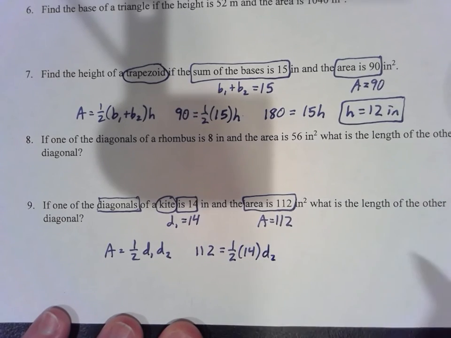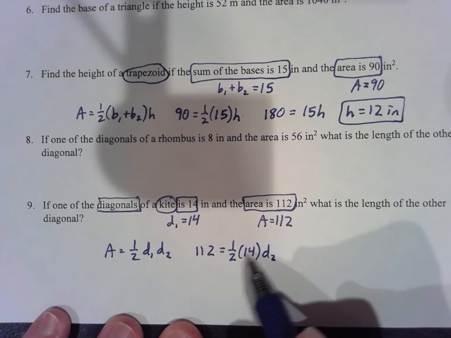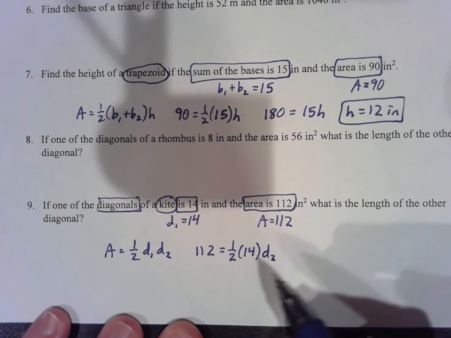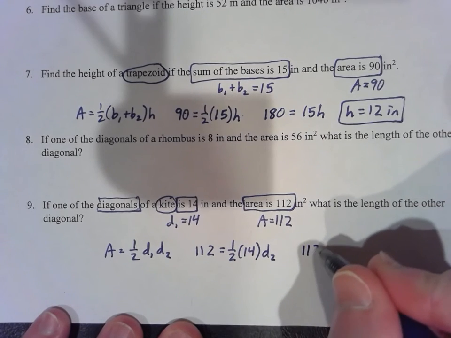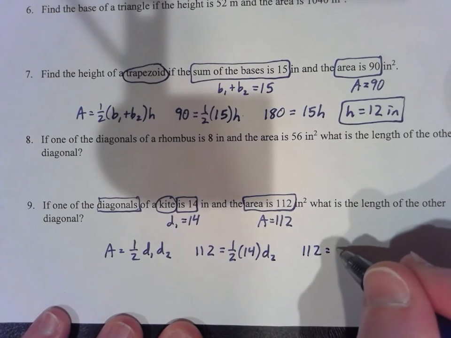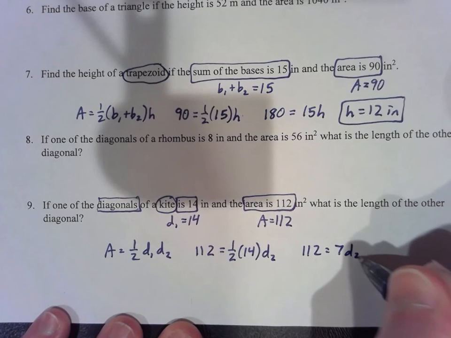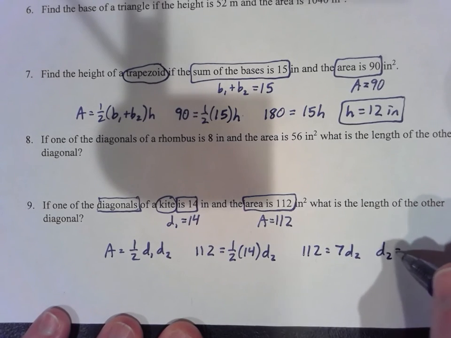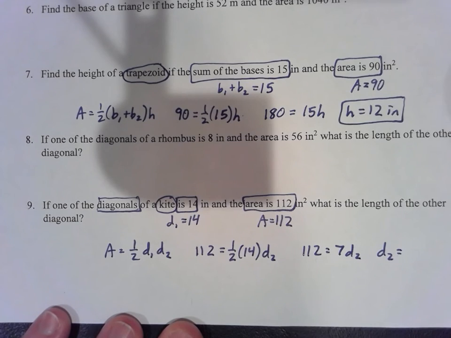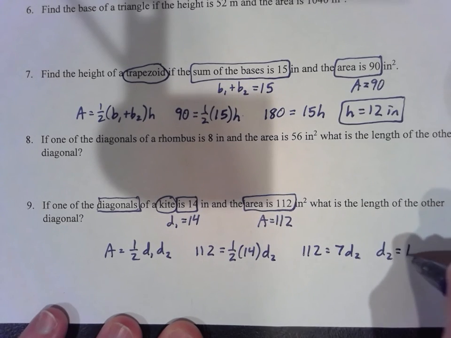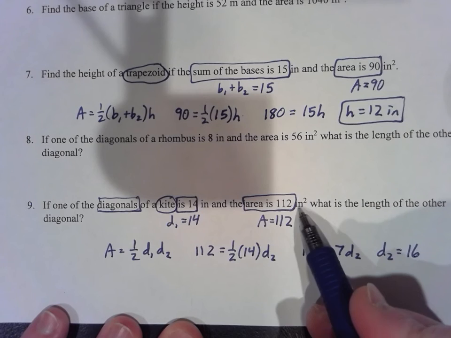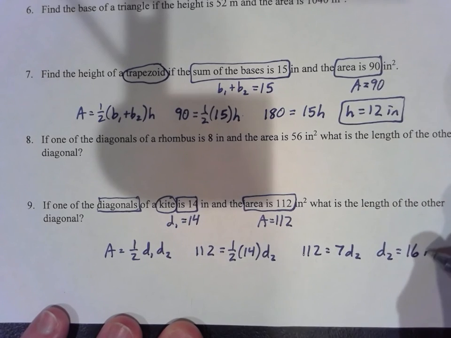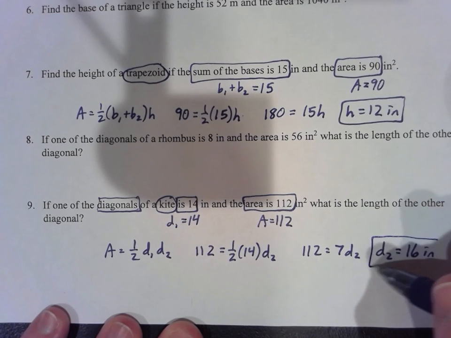The other one we're trying to find. Half of 14, I can do that. 14 divided by 2 is 7. And then divide by 7. And 112 divided by 7 is 16. And the label is inches. So the other diagonal is 16 inches.